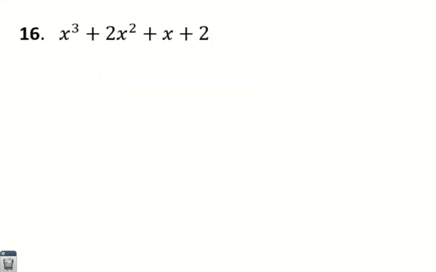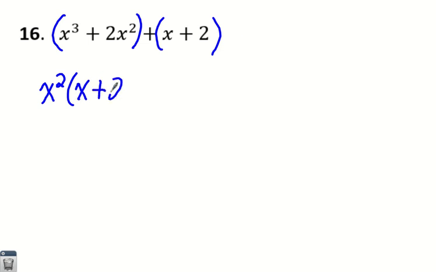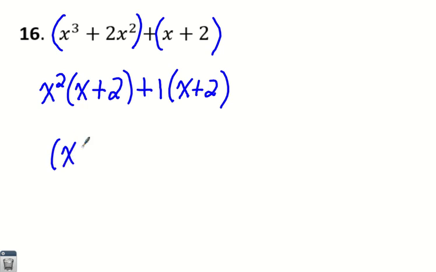Number 16, group those together. Again, x squared is the GCF. What's the GCF of x and 2? Well, technically just 1, which actually counts. And so we got x plus 2 twice, which means things are working out nicely.